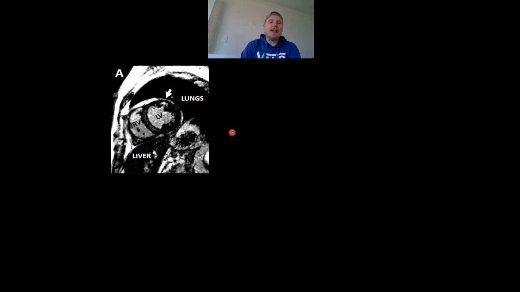So what we see here is an MRI of a short axis view of the heart. We see the left ventricle with its thick wall and a right ventricle next to it, with a little thinner wall. The chest cavity, lungs above. I think we see the liver nicely there. These are the pictures that we would typically take with MRI using gadolinium to enhance certain tissues.